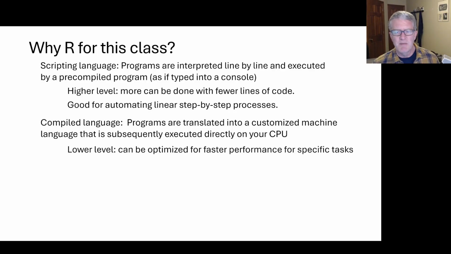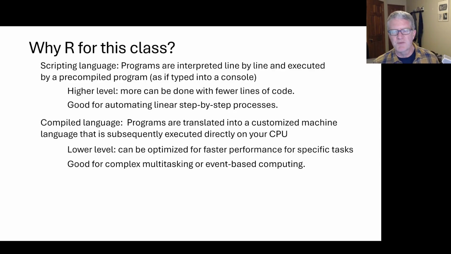This allows them to be more customizable for optimization of specific tasks. Compiled languages also tend to allow for less linearly structured general-purpose workflows, so they are frequently the choice for programs for managing complex multitasking or event-based computing that depends on user input. For example, you are not likely to write a program like Microsoft Excel in a scripting language.